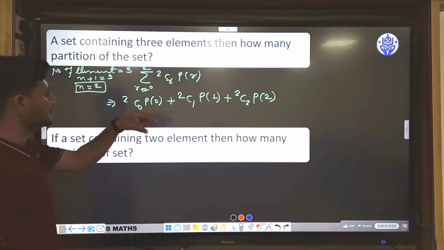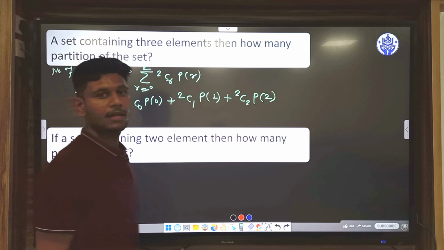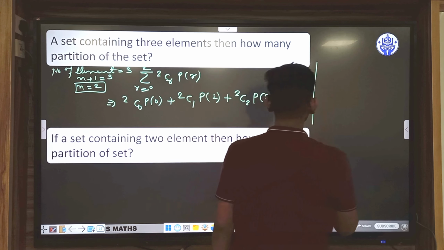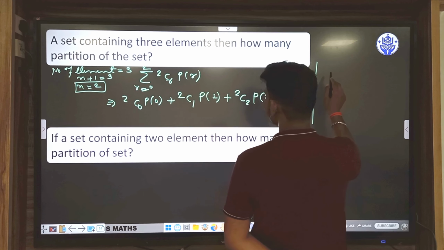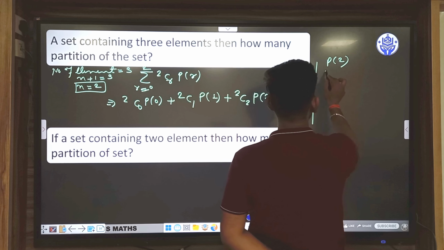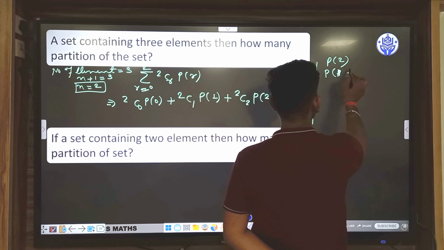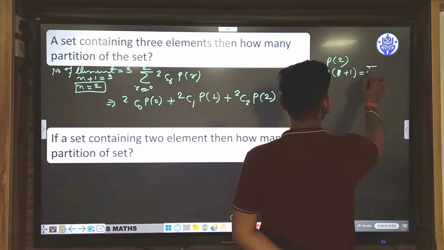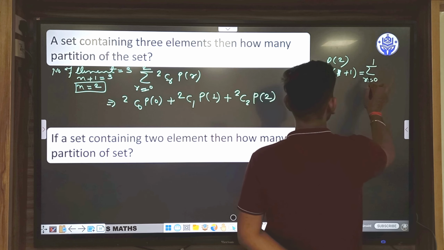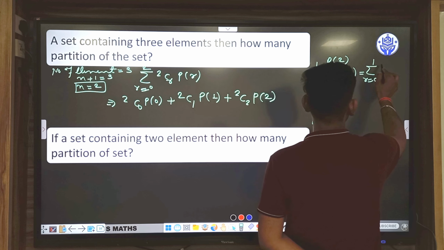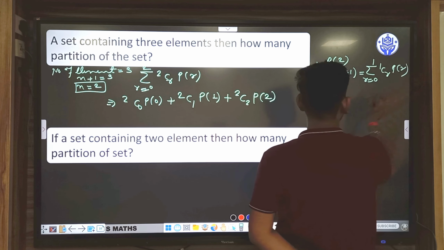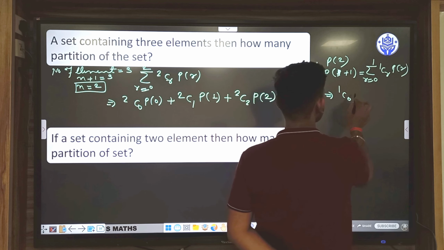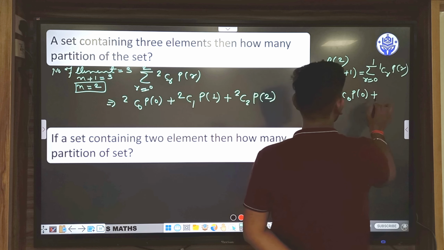We have P0 and P1, but we don't have P2. So can we find P2 here? P2 means P of 1 plus 1, so it is the summation for r from 0 to 1 of 1Cr P(r). That is 1C0 P0 plus 1C1 P1.